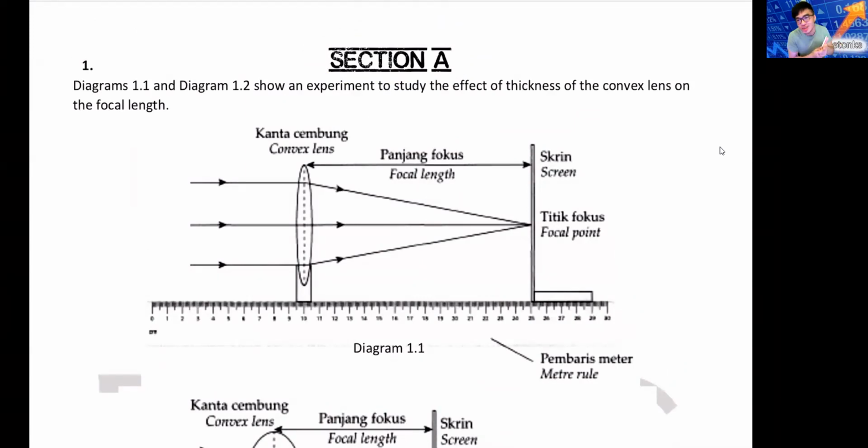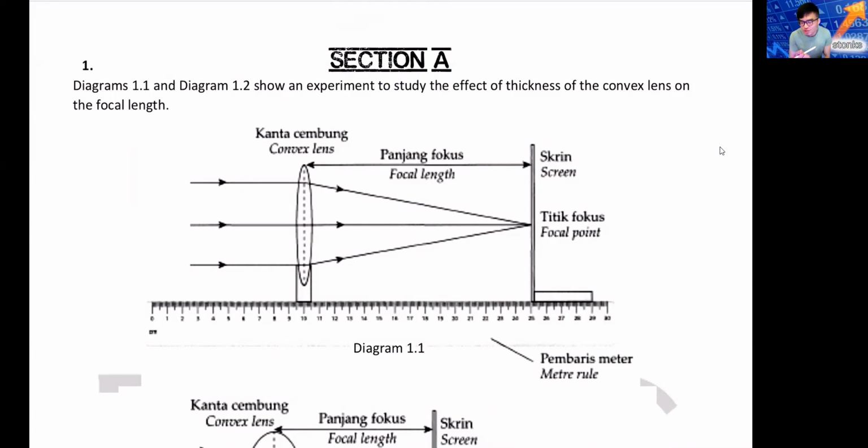Section A is going to be the simplest one, you don't even need to study. There's no studying factual stuff involved. In fact, section A is all about the experimenting.